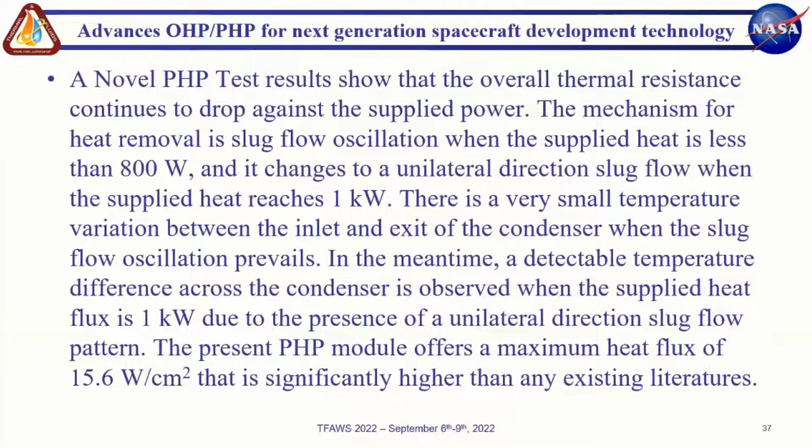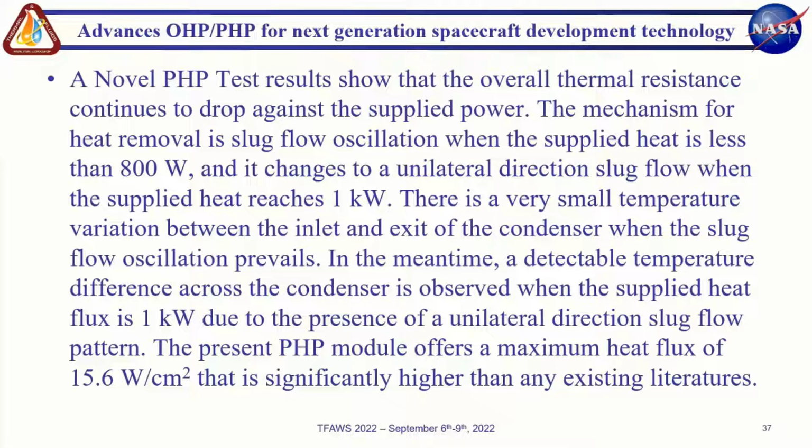And novel PHP test results: there is very small variation between inlet and exit of the condenser versus the flow oscillation performance. In the meantime, the temperature difference or deviation across it should be low.